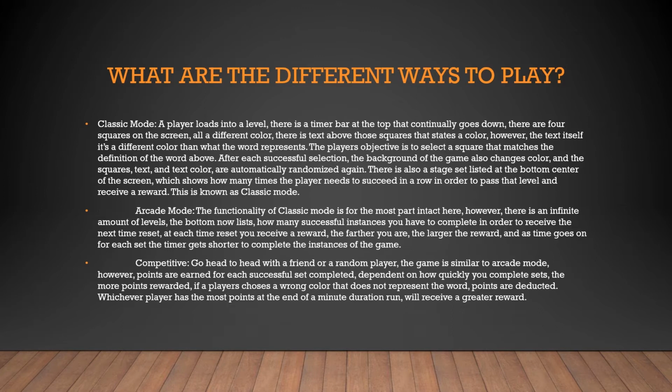So that's how many rounds you're going to be going through. Every time you make a correct selection, new colors, a new word, everything will generate automatically. And then you'll have to make a correct selection again, in a certain amount of time. If you do make the wrong selection, it is going to fail the level. You'll have to go back in, and just try again to get through it.